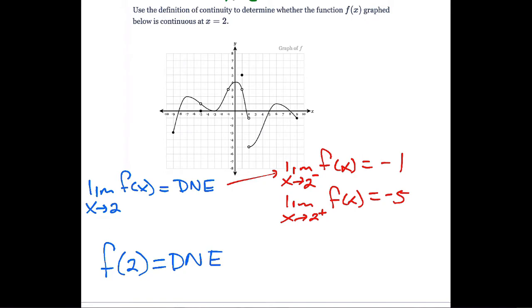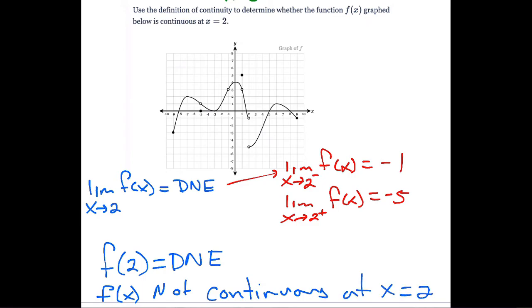There's no value that f has when x equals 2. So f of x is not continuous at x equals 2. That's how you would do that. This particular one doesn't work.